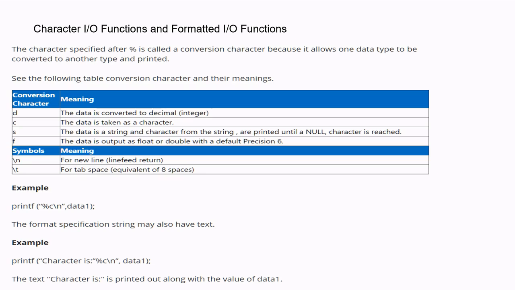But the very basics are: %d will convert it to a decimal number or an integer. %c will convert whatever data it's given to a single character. %s expects a C string, or a constant character pointer, to be passed to it. %f will output the data it's given as a floating point number, or a float or a double.